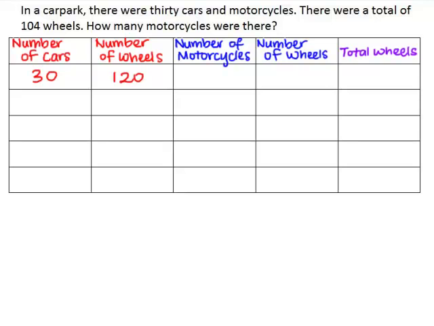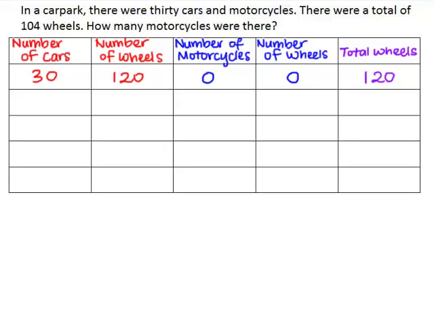If all 30 were cars, there would be 0 motorcycles, and hence 0 wheels for the motorcycles. The total number of wheels would be 120 plus 0, which gives us 120.